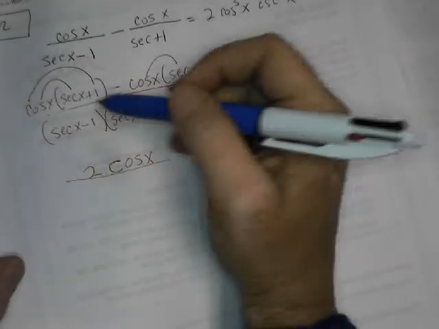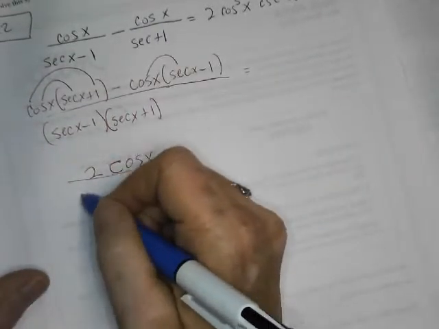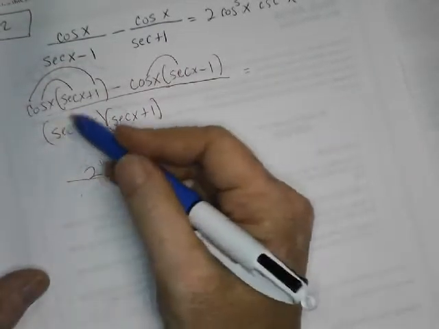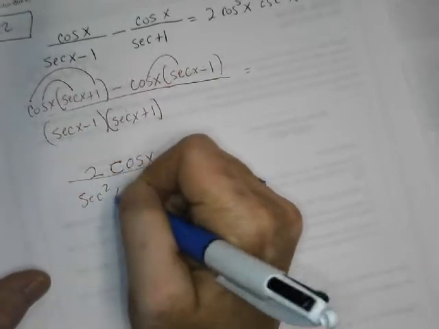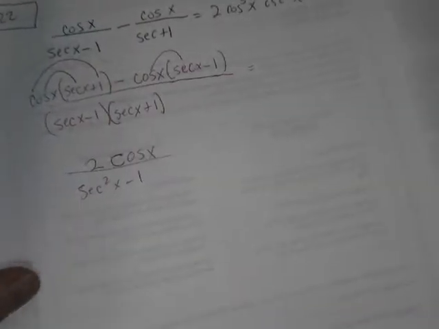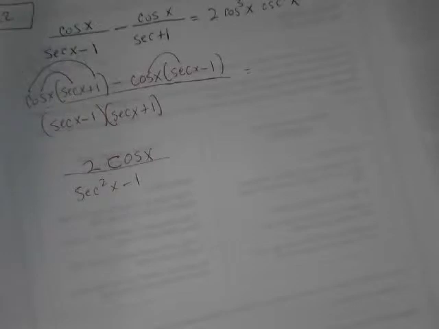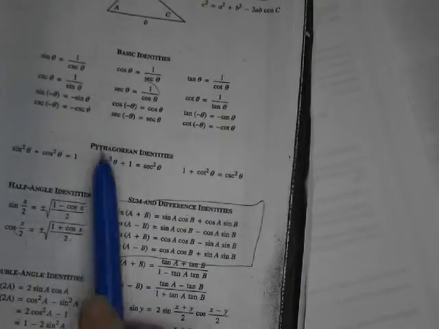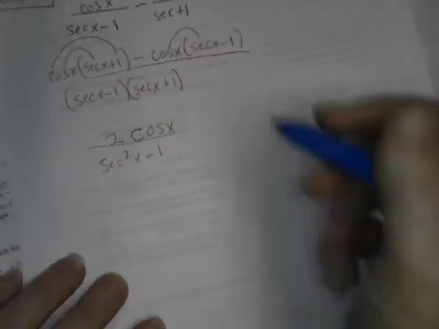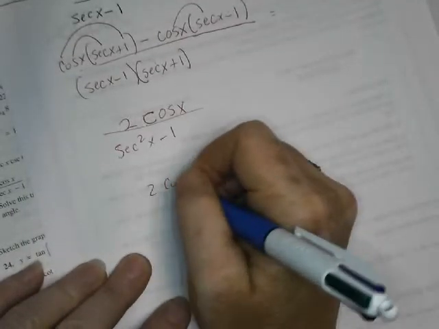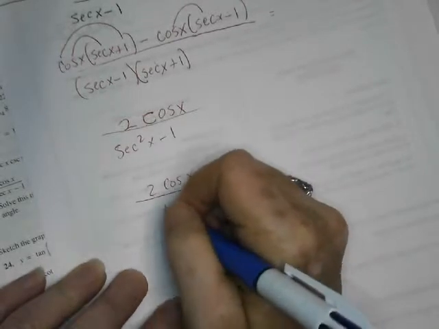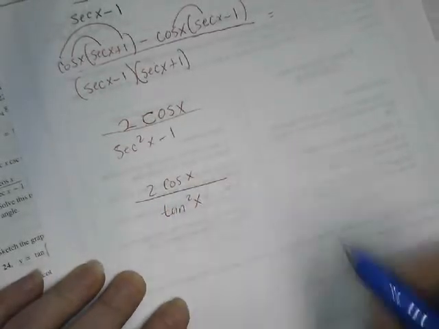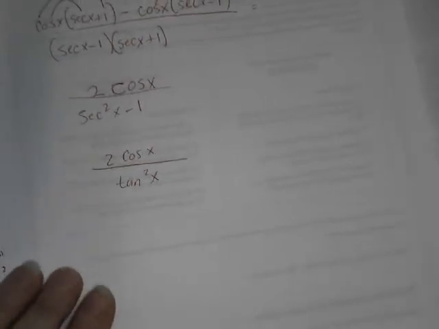Did you just square, this is secant squared x down here? Secant squared x minus 1, and then we know that secant squared x minus 1 is tangent squared x. But we know that tangent squared x, where am I going with this?